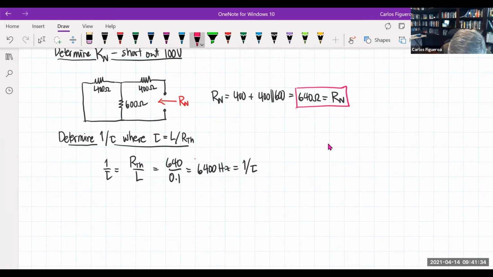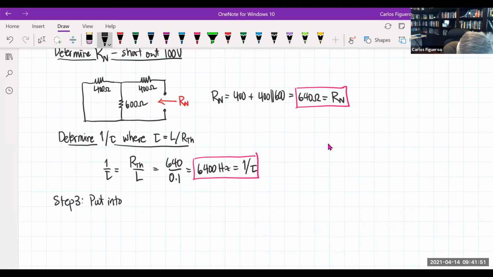Now we've got all the Thevenin parameters, and now we're going to write out the solution. I'm going to put it into solution form.